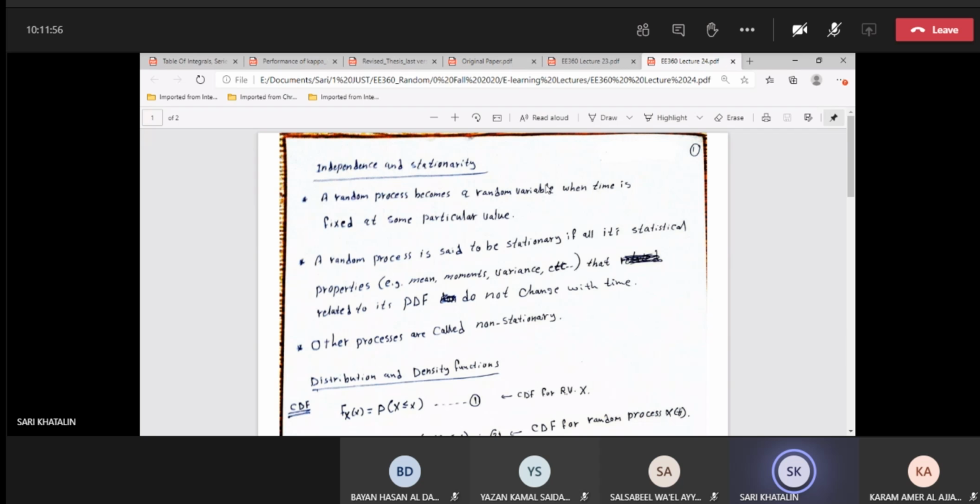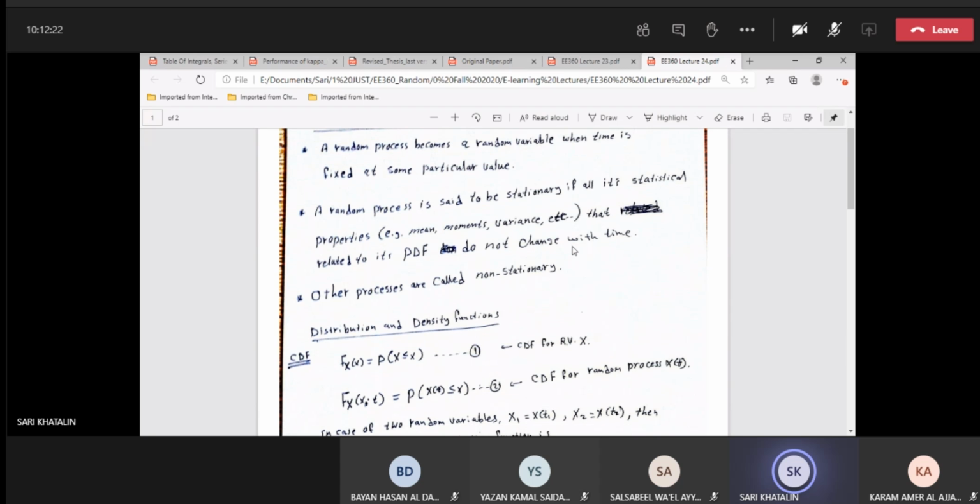So if they do not change with time, it means this random process is stationary, which means it's like a random variable, okay? Now, if it does change with time, it is obviously a non-stationary random process, okay?